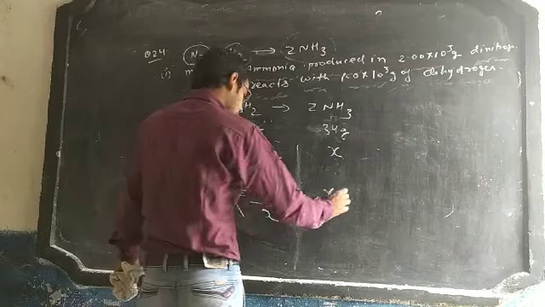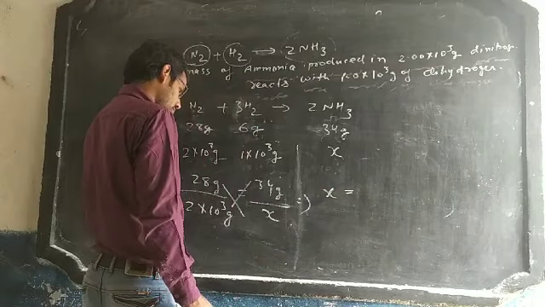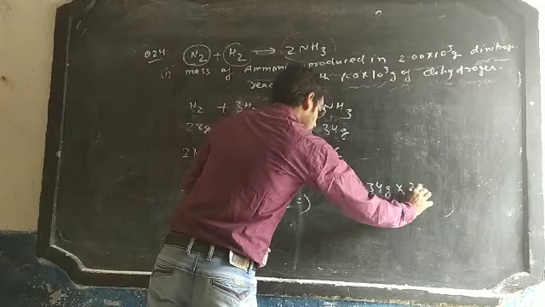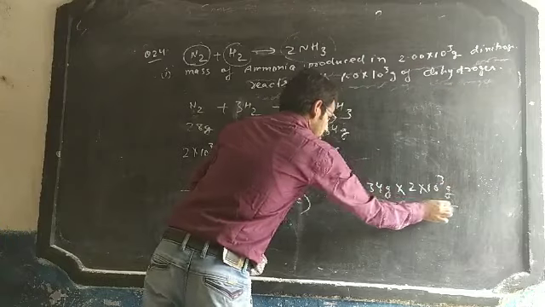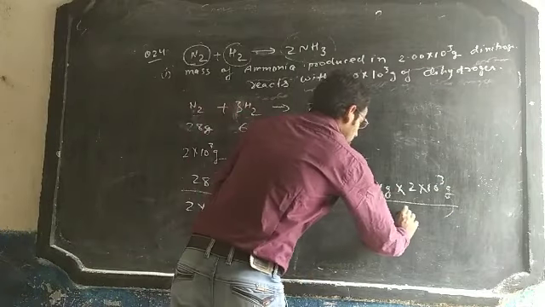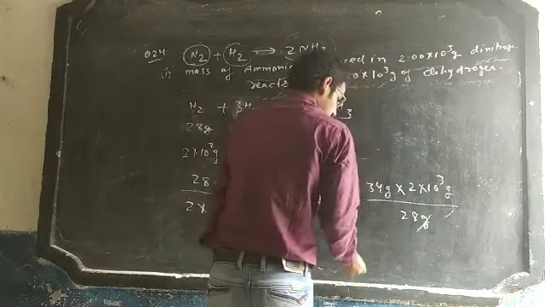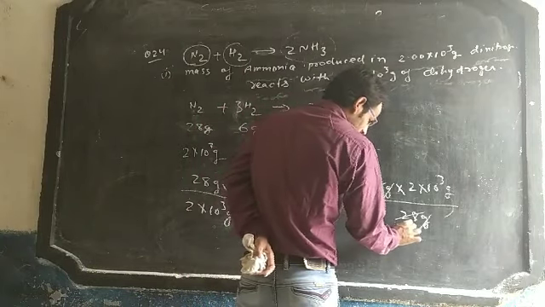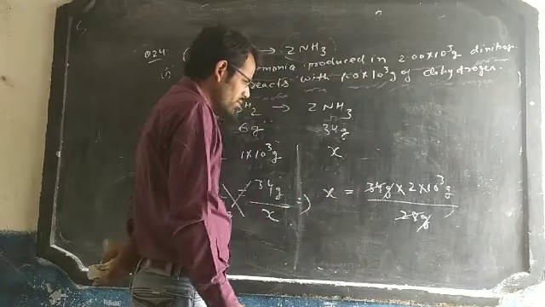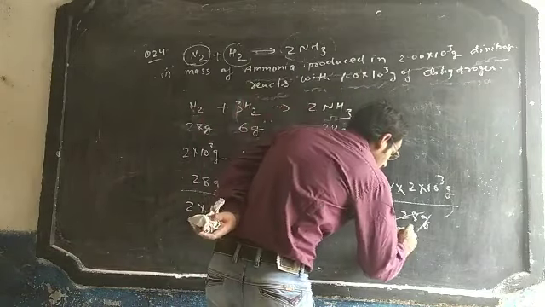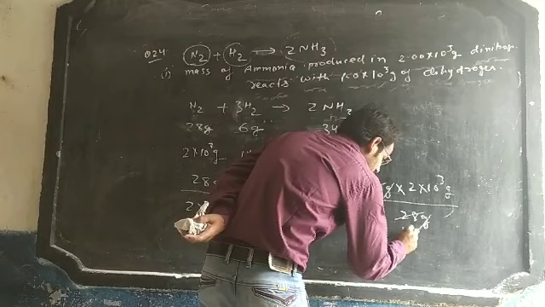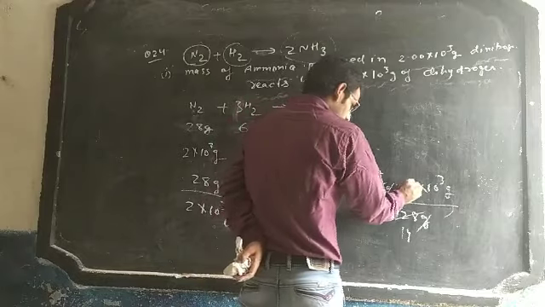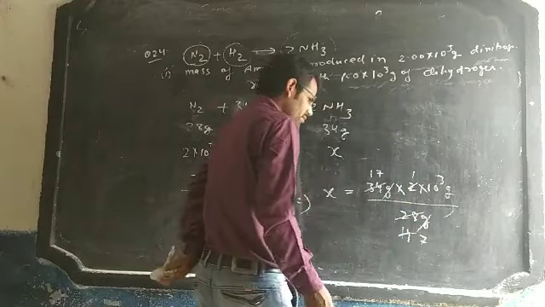You can solve it also. X equal to what? 34 gram into 2 × 10^3 gram divided by 28 gram. This will be cancelled. 28 2 times. 2 1 are 2, 2 4 are 8, 2 7, 2 1 7.